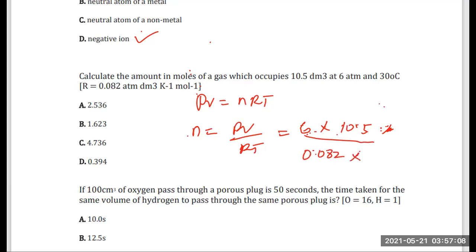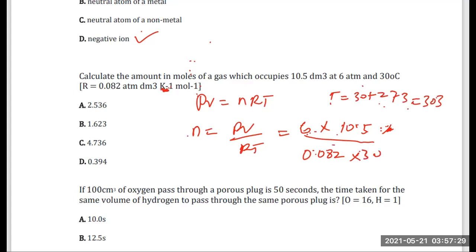Now we need to convert, since the unit of R shows that it is in Kelvin, so we have to convert the 30 to Kelvin. The temperature is going to be 30 plus 273. That gives us 303. So that is times 303.